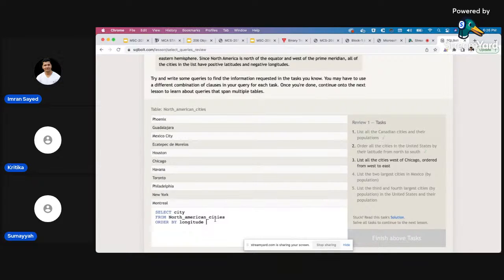Okay. Where longitude is less than. Cities in the west of.